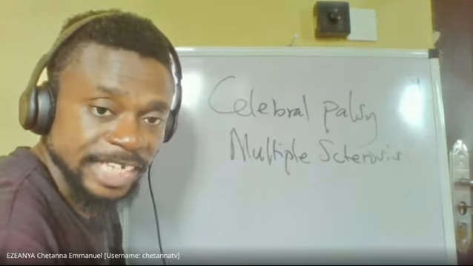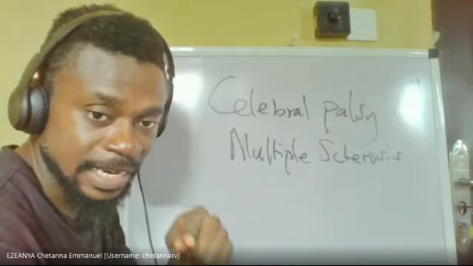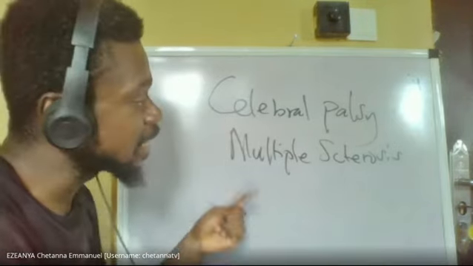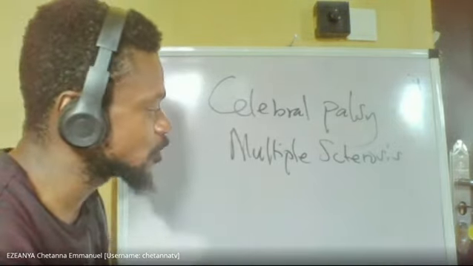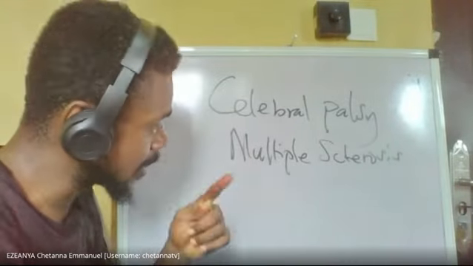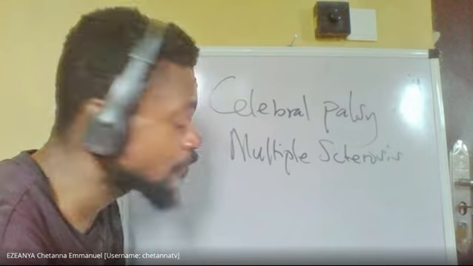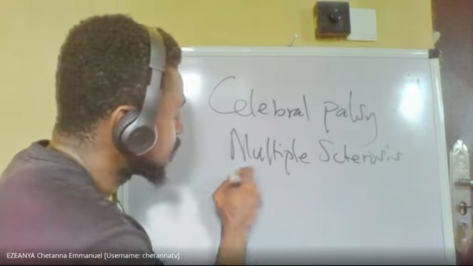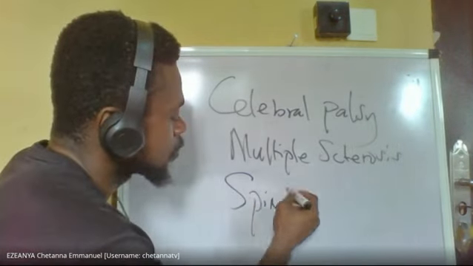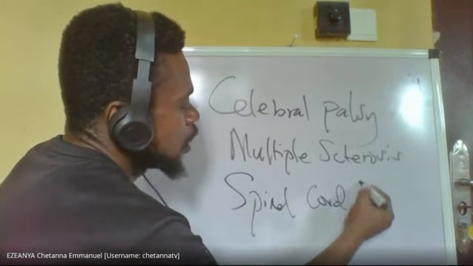Someone there in the class can check what this is and tell us now as the lecture is going on. I want you to get involved in this. Then spinal cord injury.